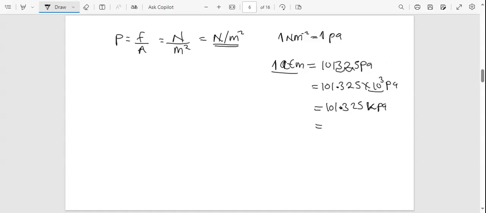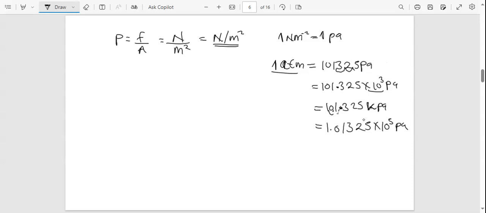Again I'll extend this point and move it twice to my left. It moved three times to my left at first, so now again I'll move twice to my left. So it will be 1.01325. In this case, I'll put 10 to the power 5 Pascals.